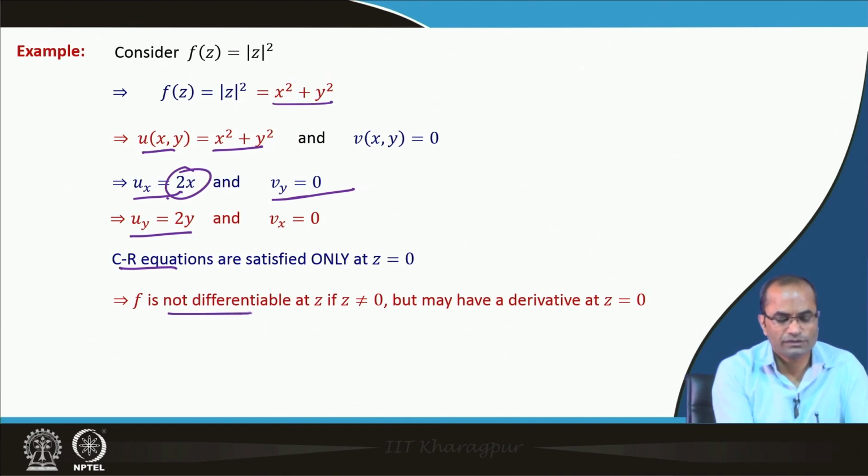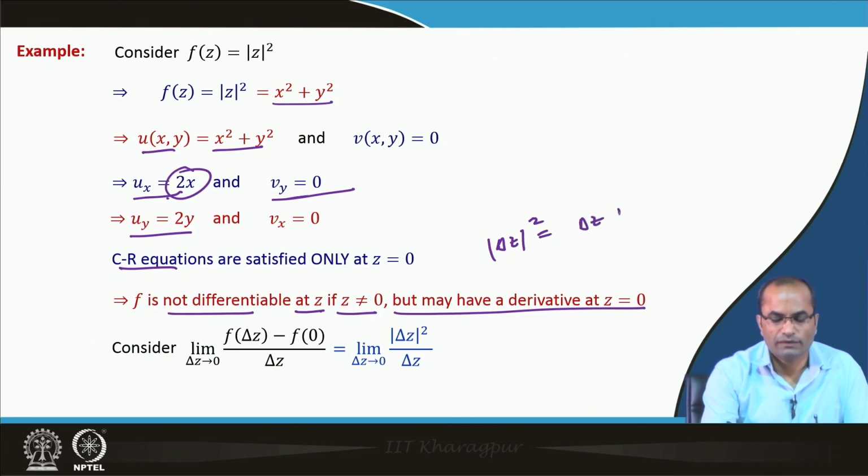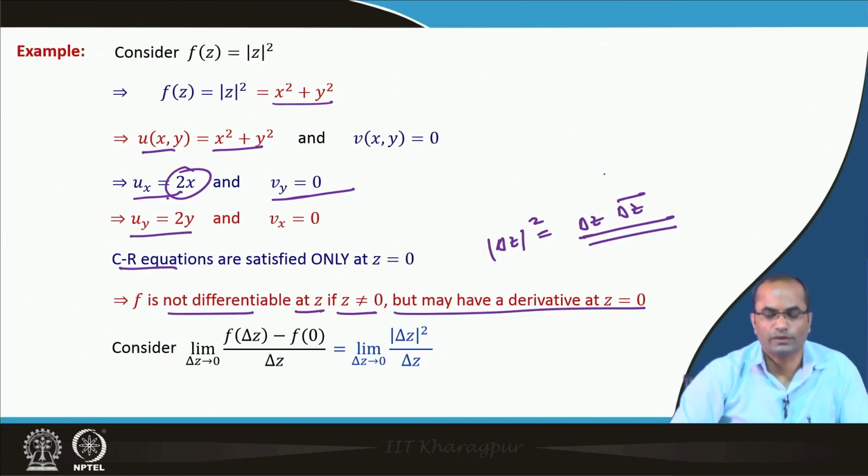So, f is not differentiable at z if z is not equal to 0, but may have a derivative at z equal to 0. So, we again apply the fundamental definition, where we observe that we have absolute value of delta z square over delta z. This absolute value square we can write down, we have learned this already, as delta z times delta z conjugate.